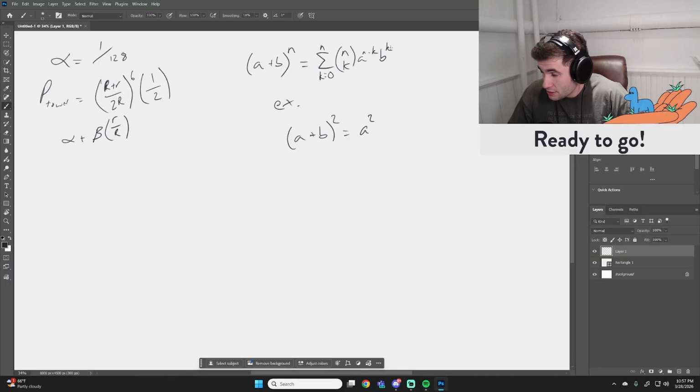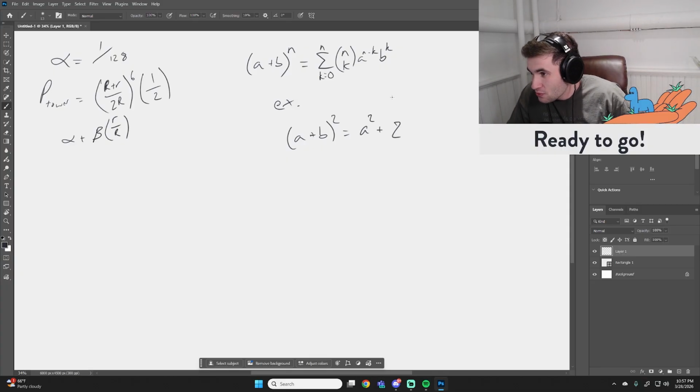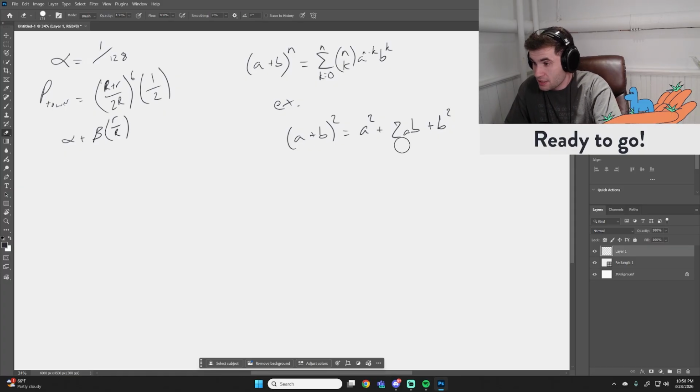B to the 0 is 1, so you don't have to include it. Then you get 2 choose 1, that's 2. So 2, a to the 2 minus 1 is a, b to the 1 is b, plus finally, 2 choose 2, when k is 2, is a to the 0, so that's 1, b to the second, so b squared. Right, a squared plus 2ab plus b squared. That one maybe is something that you've memorized.